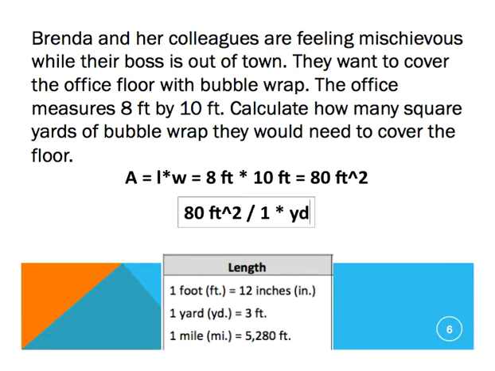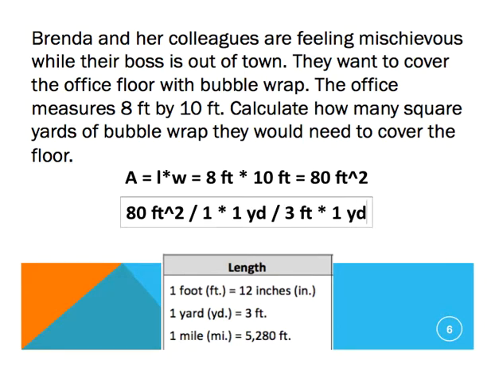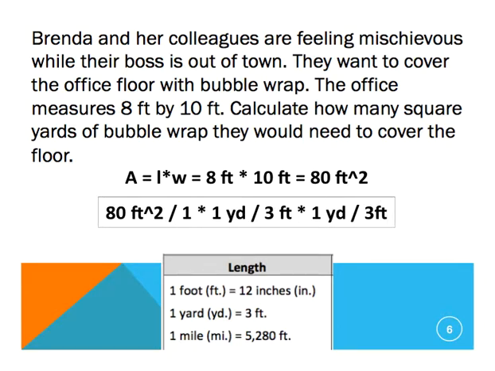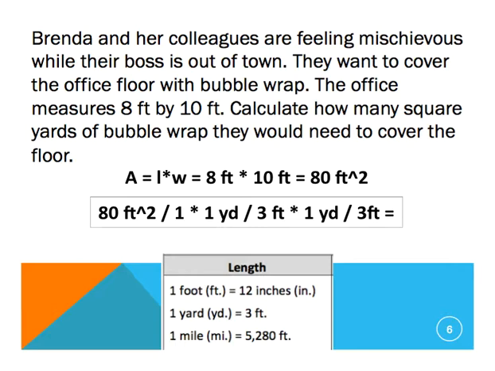And I do have a conversion directly from yards into feet, and that is that 1 yard is the same thing as 3 feet. Now, this is about halfway there because if you think about it, we have feet squared as our unit. I have only gotten rid of one of the feet. So what I need to do is use this fraction once more, the exact identical same fraction there, and that is going to give me my actual value.